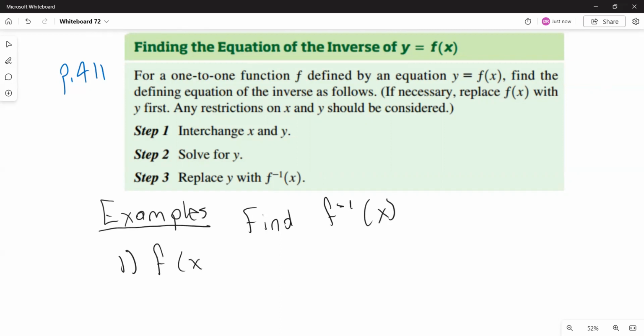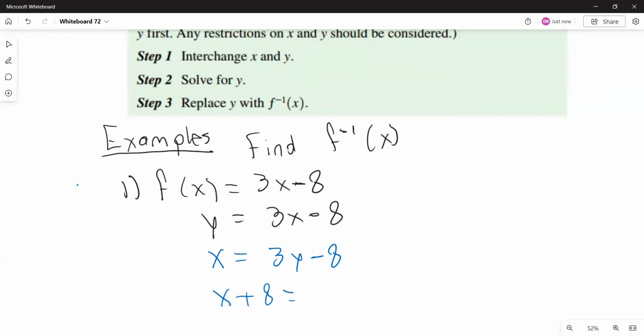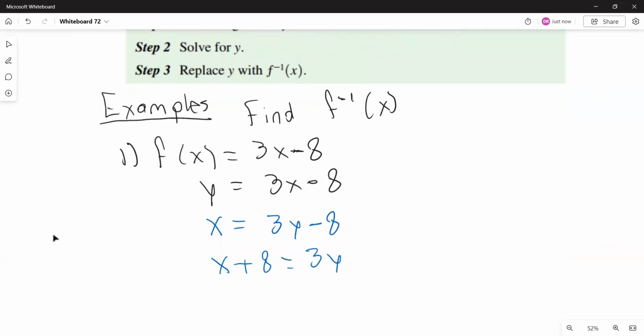F of x is 3x minus 8. Okay, step number 1, interchange x and y. So this is the same as y equals 3x minus 8. So we're going to interchange x and y, and we're going to solve for the other variable. To solve, you know how this goes. Add 8 to both sides, or you can just pass the negative 8 to the other side with opposite sign. And then divide by 3.